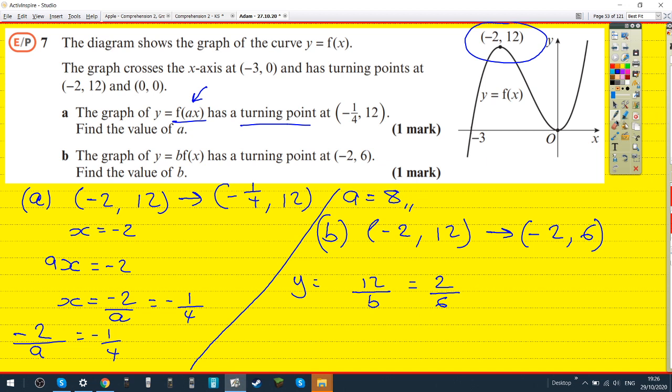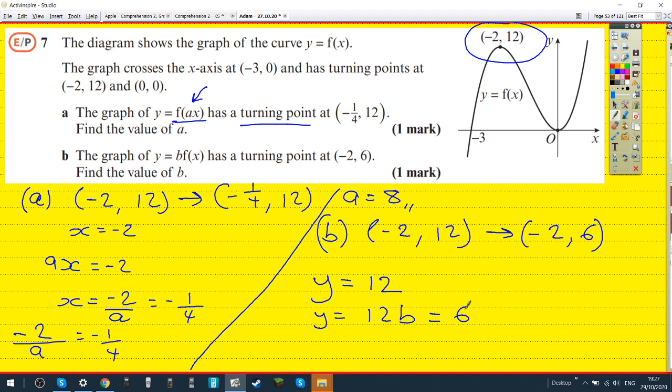No. y works the same way. So y equals b f of x. So y was 12, and then it becomes y equals 12b. And we know 12b equals 6. So this time the b is on the y, so is it a half then?